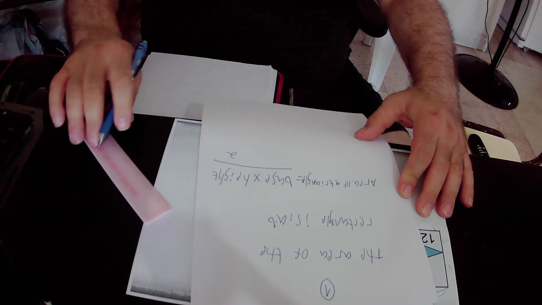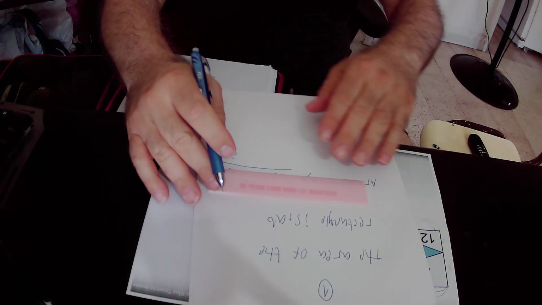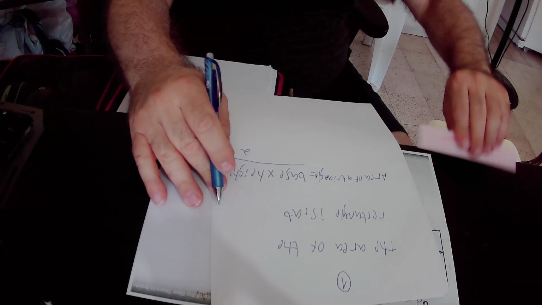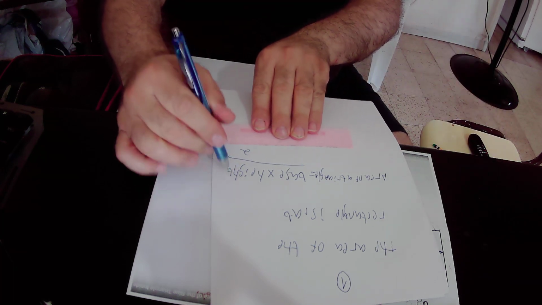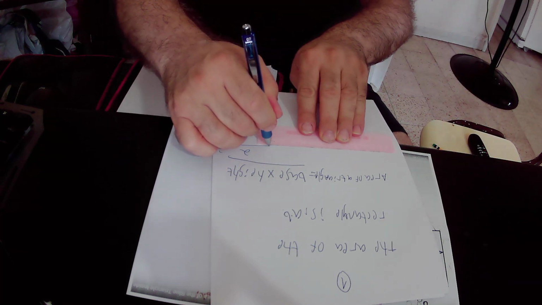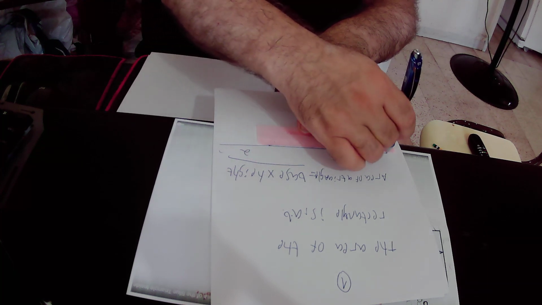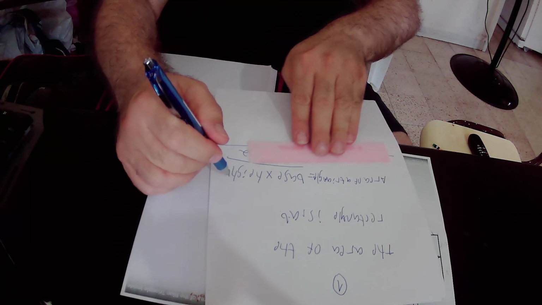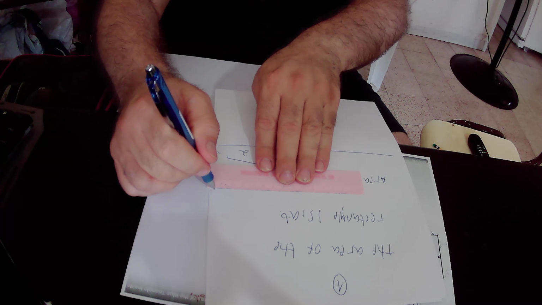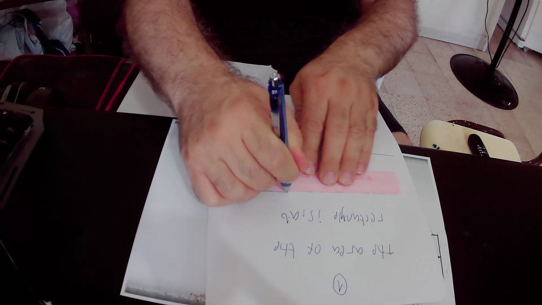Okay, so actually the area of a triangle equals its base times the height to the base divided by 2.